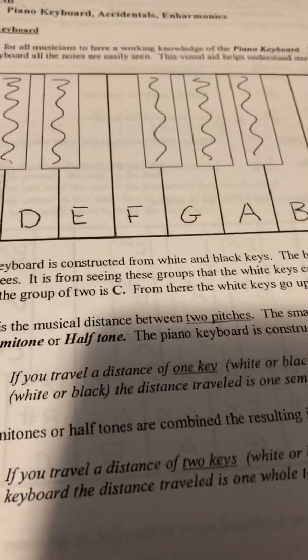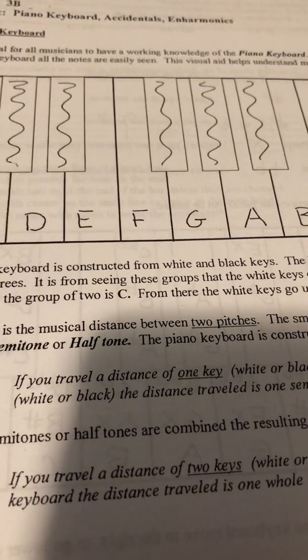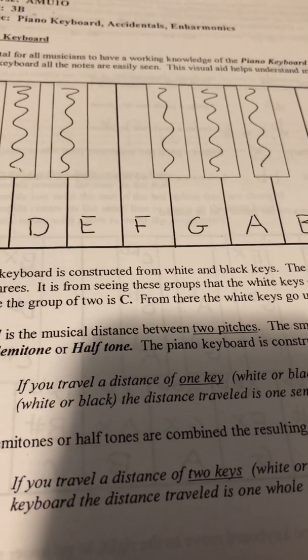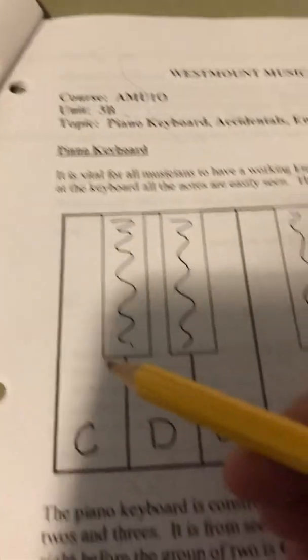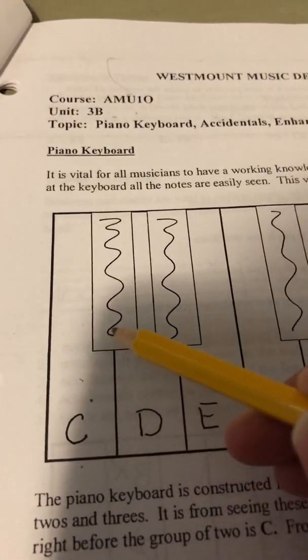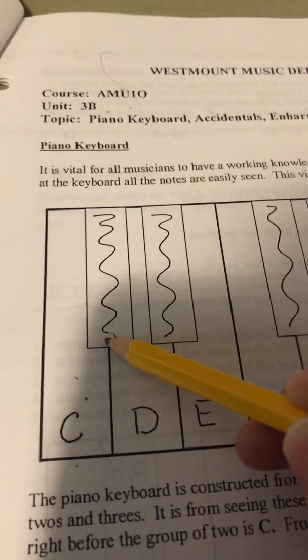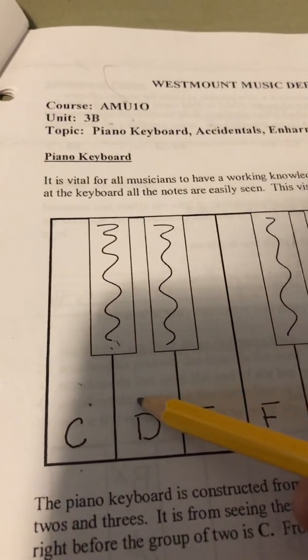This means that if you travel the distance of one key, white or black, to the next black or white key, the distance traveled is one semitone. So from this key to this key is a semitone. From this key to this key is a semitone.